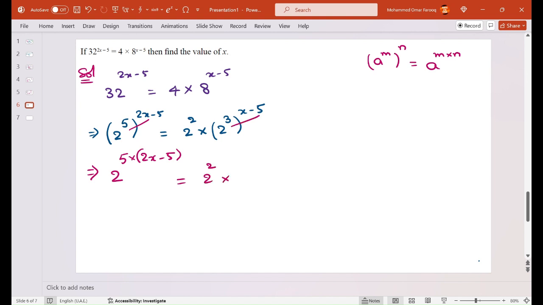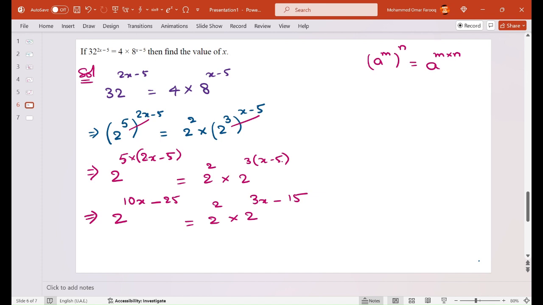Here also the same concept, power over power. Therefore 2 to the power of 3 times x minus 5. That implies 2 to the power of, now multiply 5 into 2x, 10x, minus 5 into 5, 25, equals 2 square multiplied by 2 to the power of 3 into x, 3x, minus 3 into 5, 15.